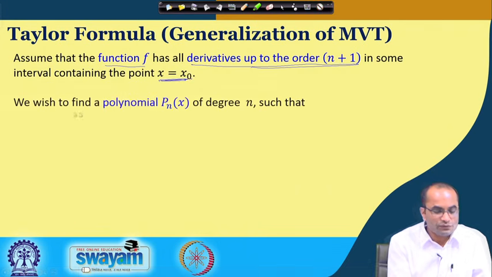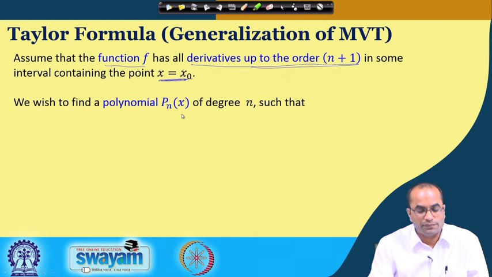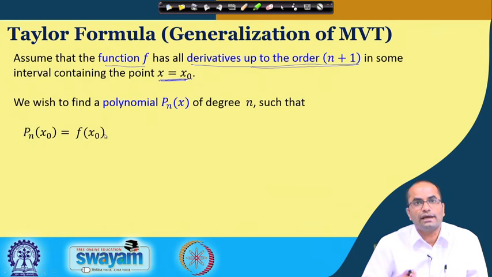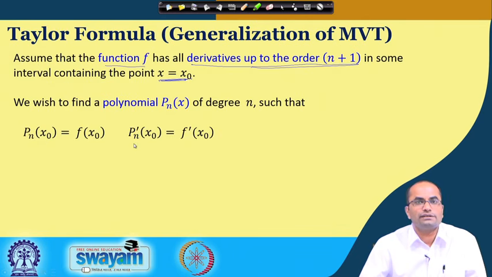Having this, we wish to find a polynomial p n x of degree n with the conditions that the polynomial at x 0 is equal to the function value at x 0. Second, the first derivative of this polynomial is equal to the first derivative of the function.